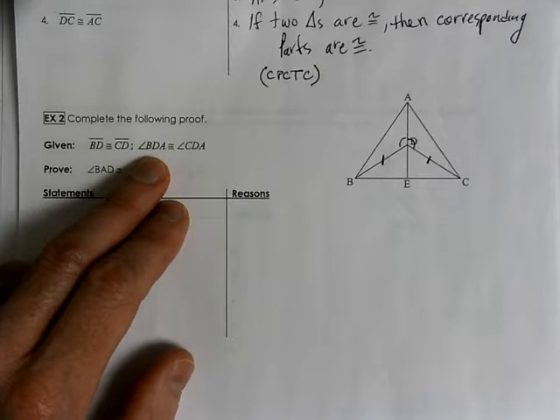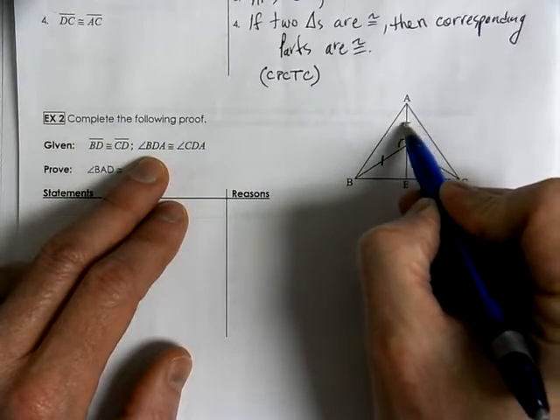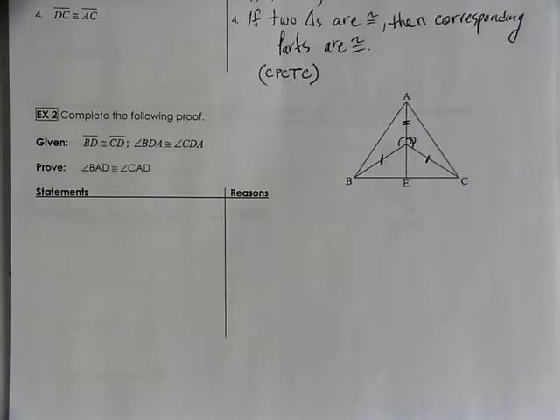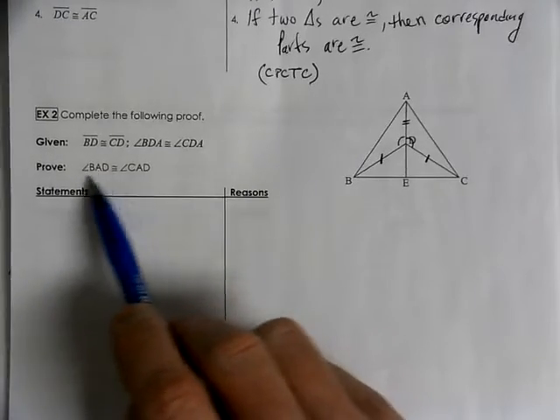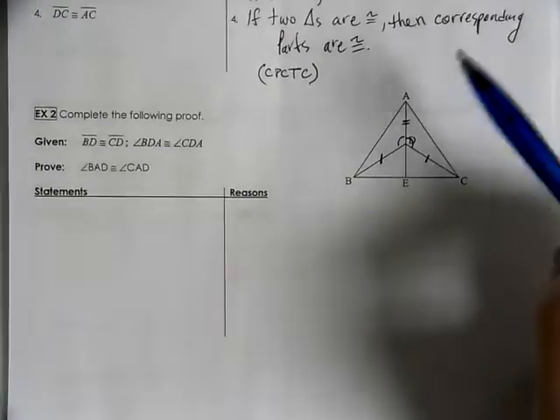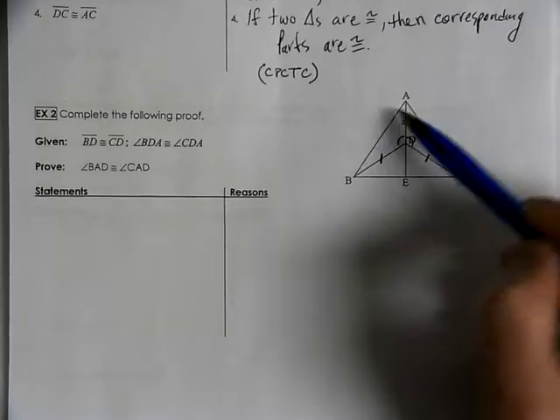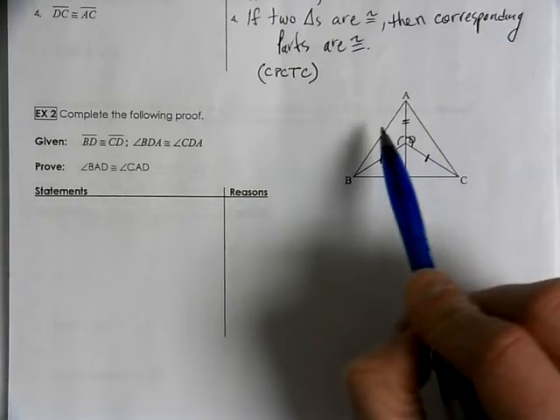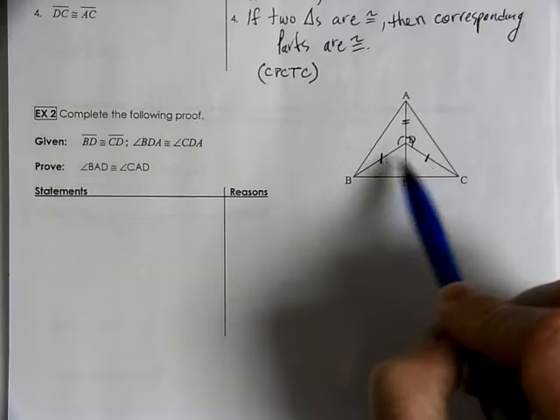If you look closely at your picture, you'll notice that we have this reflexive side. Now, it might require you to notice what you're trying to prove. We're trying to prove that this angle at the top is congruent to the one right next to it. So that means the two triangles right and left need to be congruent. That looks like what we're working with.